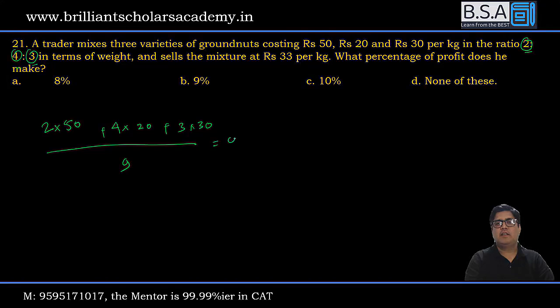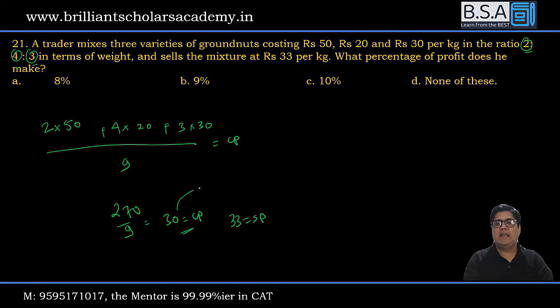This is the cost price. 100, 80, 180, 180 and 90. So 270 upon 9, 30 rupees is the cost price. So now you can answer this verbally. 30 rupees is the cost price. 33 rupees is the selling price.